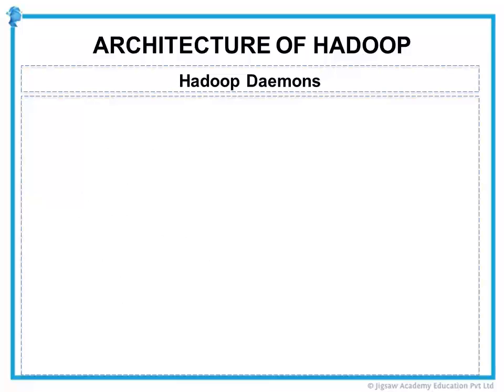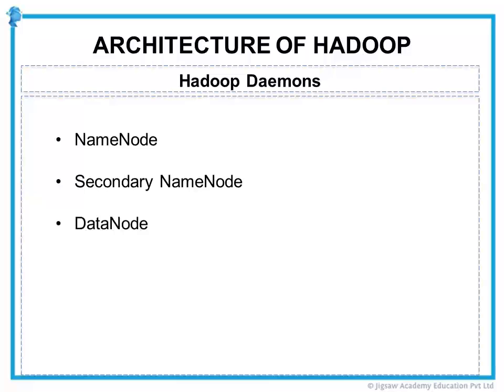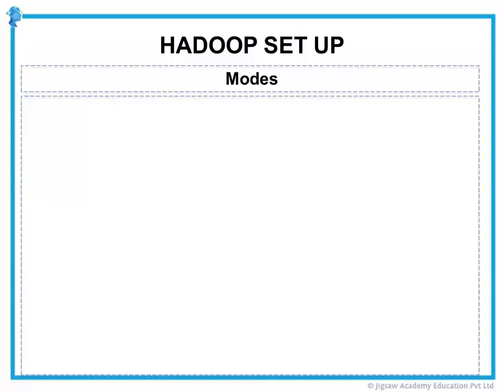So essentially, we have many processes running in a Hadoop cluster. The name node, we have the secondary name node, data nodes, we have job tracker, and the task trackers. And there are three ways you can set up Hadoop based on where you run these processes.